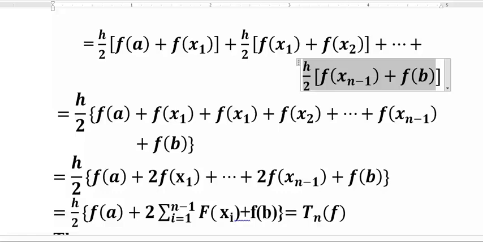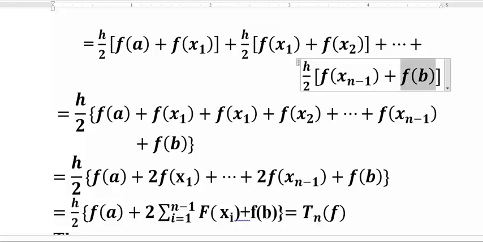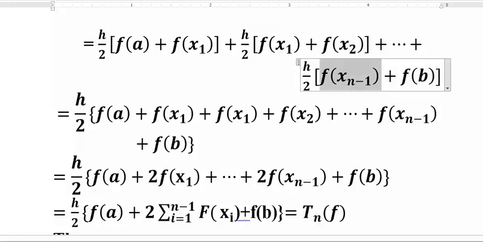If we add these terms, we have f of a one time, we have f of b one time, but we have f of x1 two times, one here and one here, and f of x2 will be two times here and in the next brackets, and up to f of x n minus 1 we have two times here and in the previous brackets.